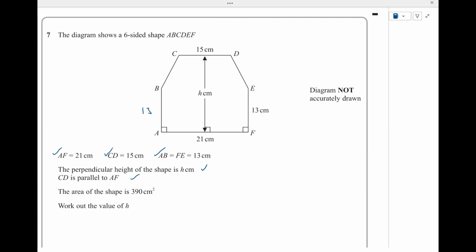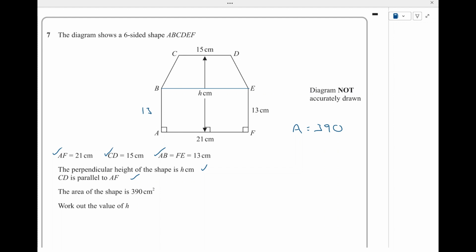The area of the shape is 390 square centimeters. Work out the value of H. So this looks like an area problem, doesn't it? And it involves this shape. And if I were to cut it off here, then I've got a rectangle on the bottom and a trapezium on the top.